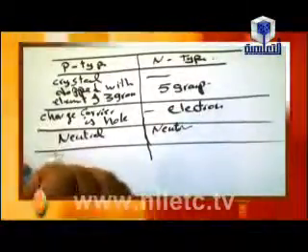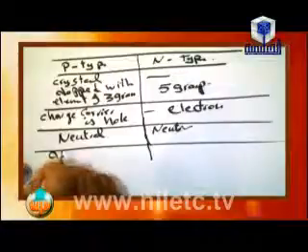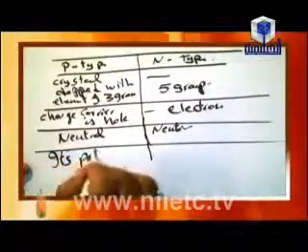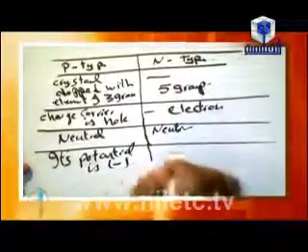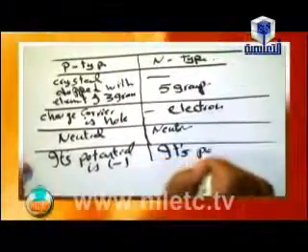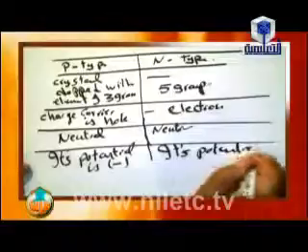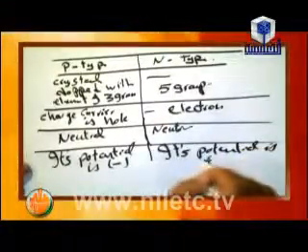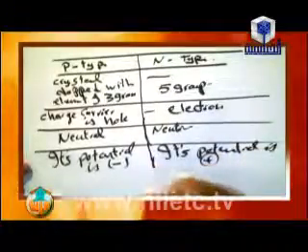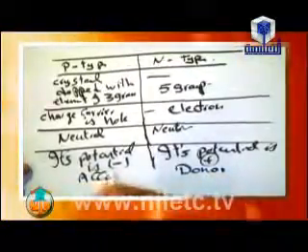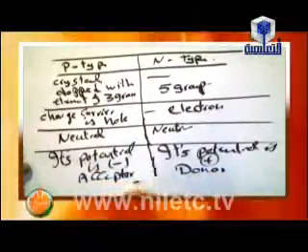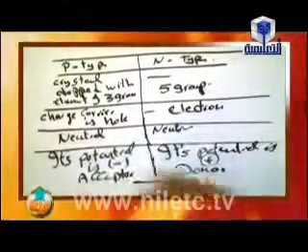Its potential is negative, and its potential is positive in case of this donor and this acceptor. So this is a comparison between P-type and N-type.